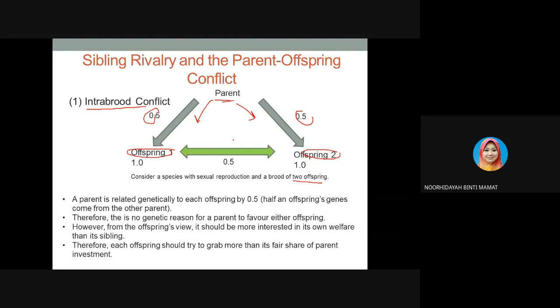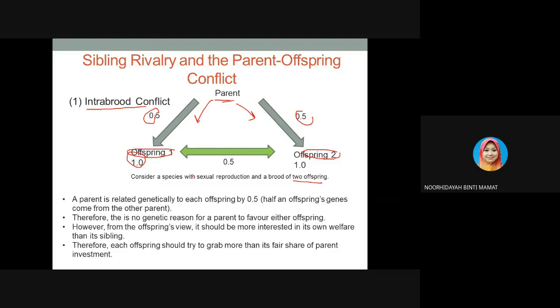However, from the offspring's view, offspring one or offspring two should be more interested in its own welfare than its sibling's. Offspring one is more interested in itself because it is related to itself by one, compared to the other offspring, its sibling.